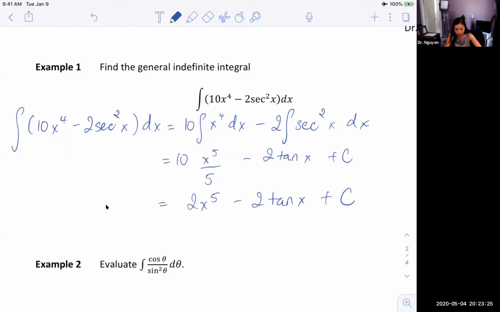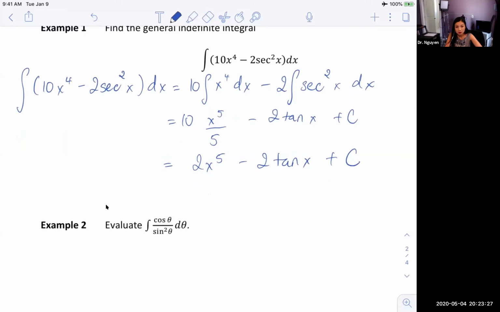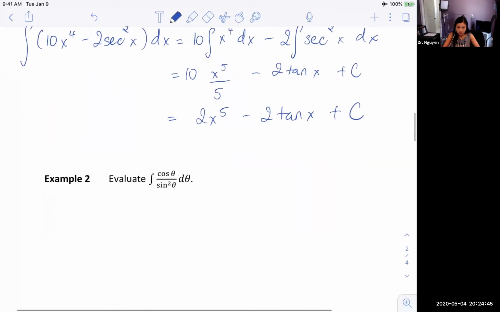Okay, moving on to example 2. As you can see for example 2 here, we want to evaluate cosine theta over sine square.